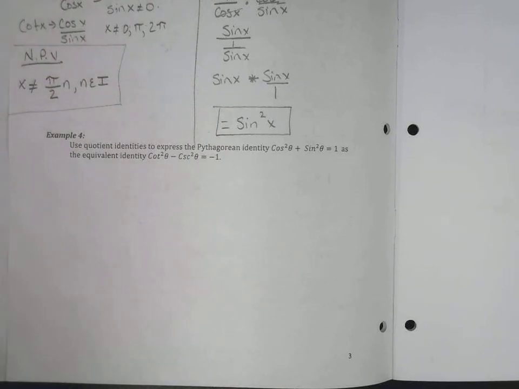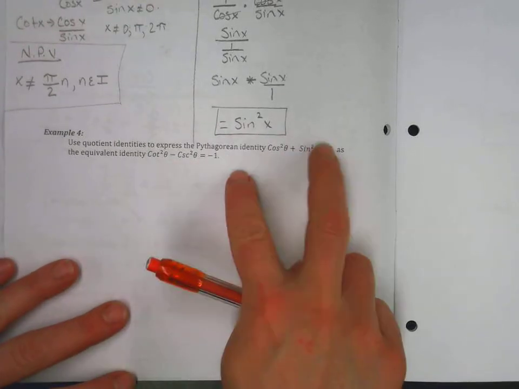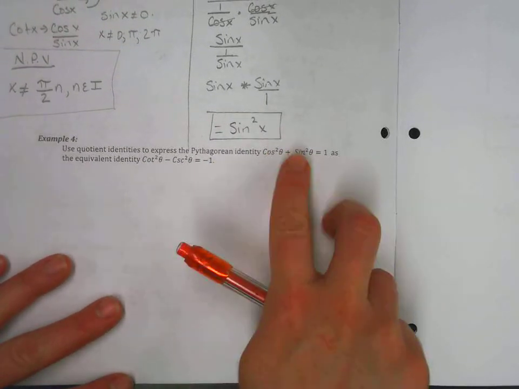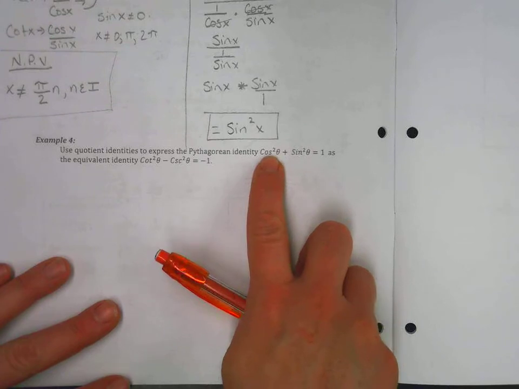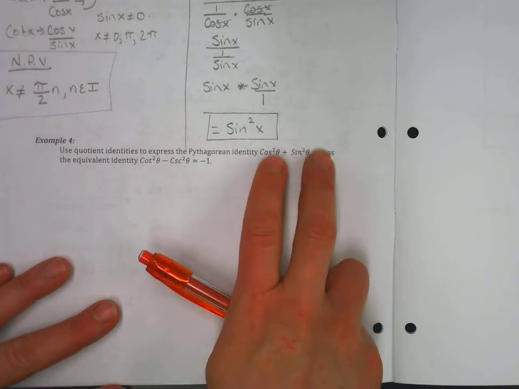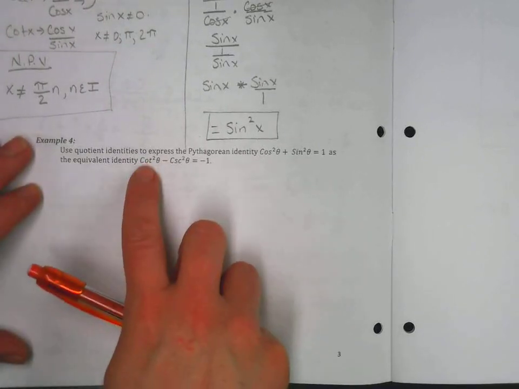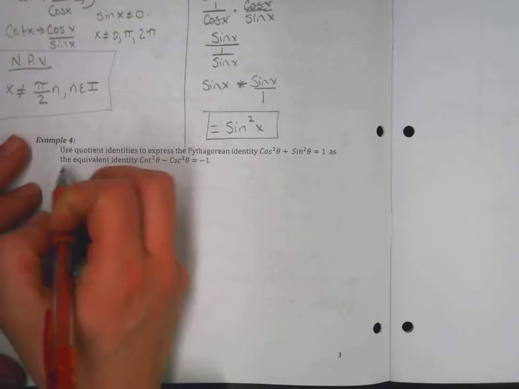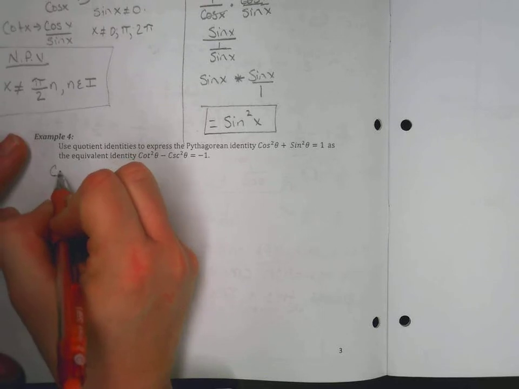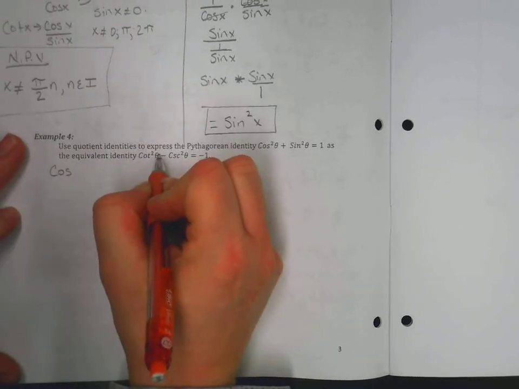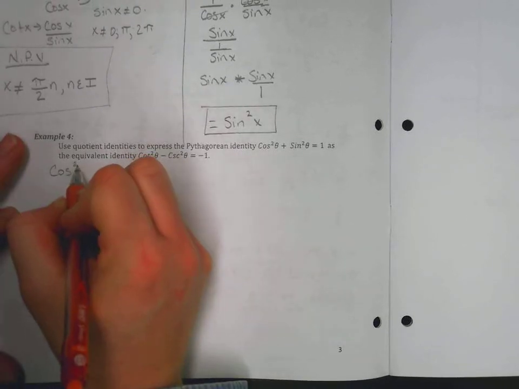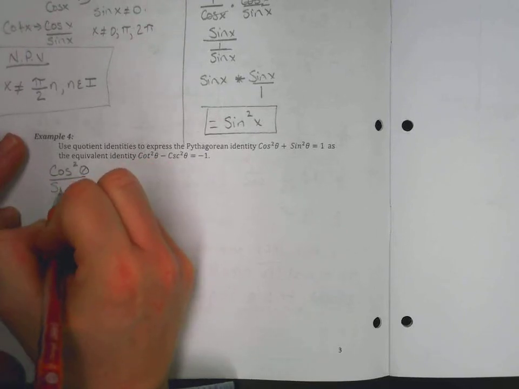I really can't do anything with cos or sine, so instead of working with this identity, we're going to work with this identity. I can change cotangent to cos over sine, and if it's cotangent squared theta, then this would just be cos squared theta over sine squared theta. If it's a cube, then it would be a cos cubed over a sine cubed. Okay, I can replace cosecant squared with 1 over sine squared theta.